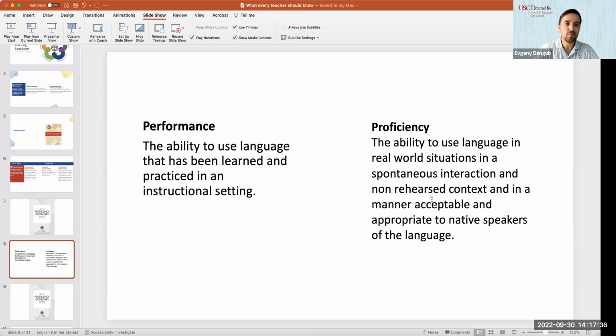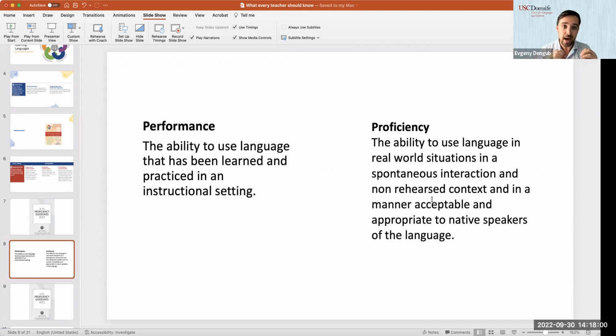So all of this is our primary goal, or should be our primary goal, to teach our learners so that they are able to use the language in non-rehearsed context in a manner that is acceptable to the native speakers.